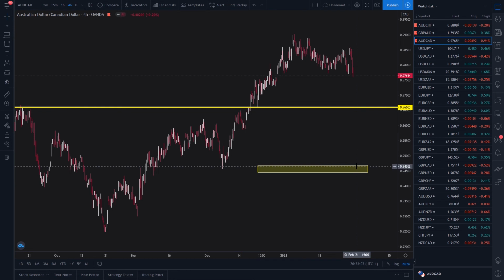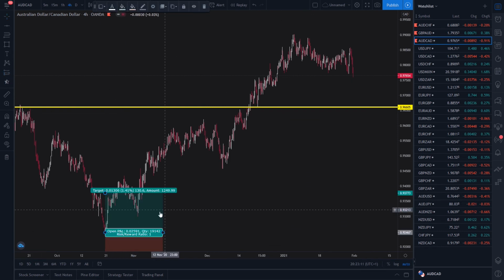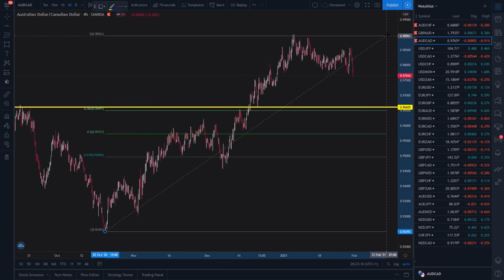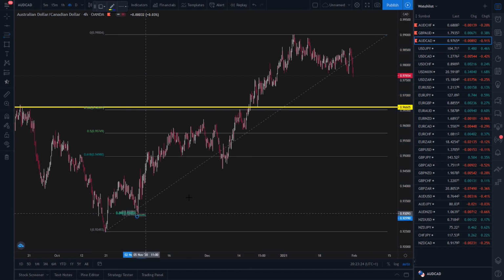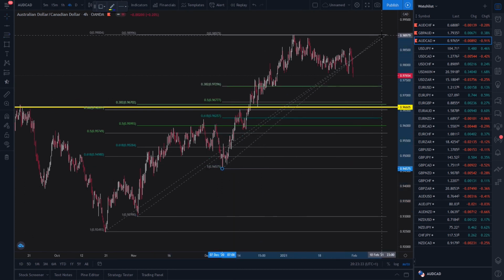So I'm curious if we can confirm this zone by a Fibonacci. So let's go with the lowest swing low, and we will go higher. Let's go. So from this low to this high, and let's do it again from this low to this high, and from this low to this high.